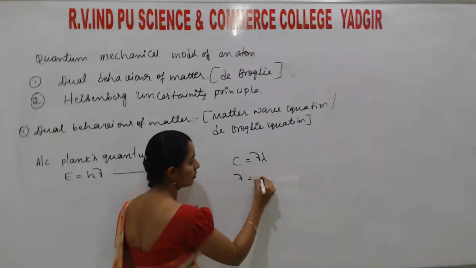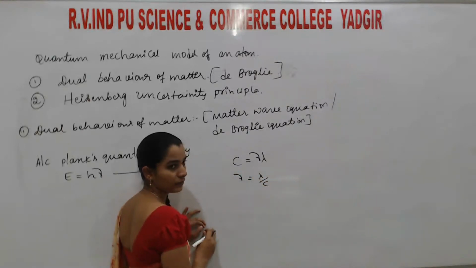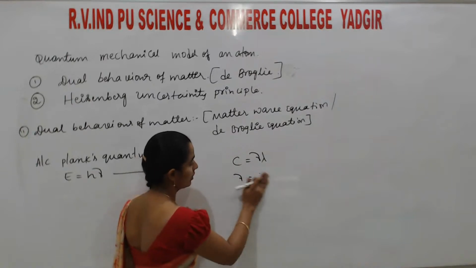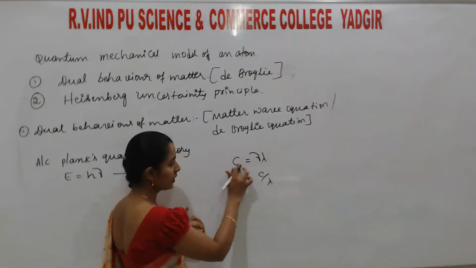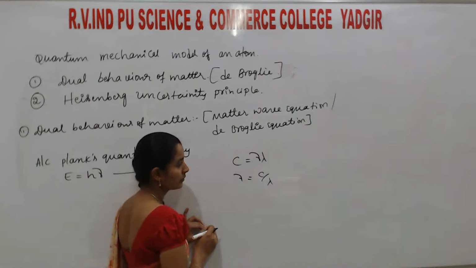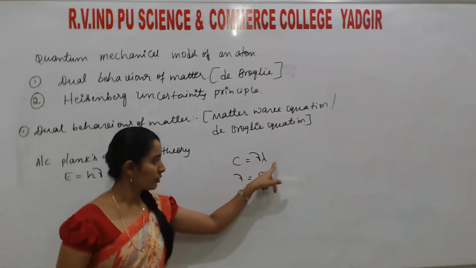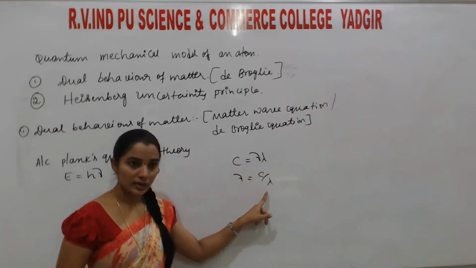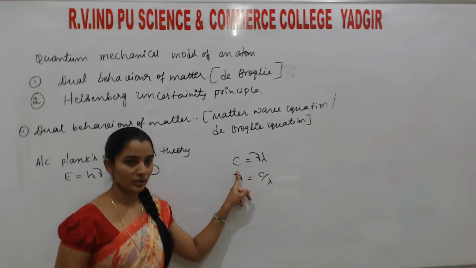So nu is equal to c by lambda. If you cross multiply, c is equal to nu lambda, so nu is equal to c divided by lambda.